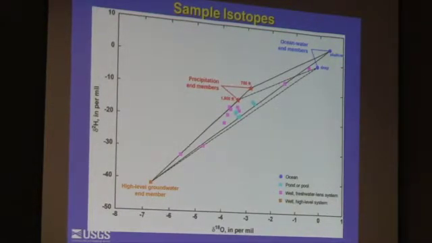You look where in that triangle your samples fall, and you can compute quantitatively how much of each end member is required to mix to produce the sample concentrations. It's a little bit of a mathematical manipulation, but it's not that complicated. If you imagine a sample in the middle of a triangle and you're trying to figure out which end member it's closest to, that's the one that's going to be the greatest contributor to your sample.